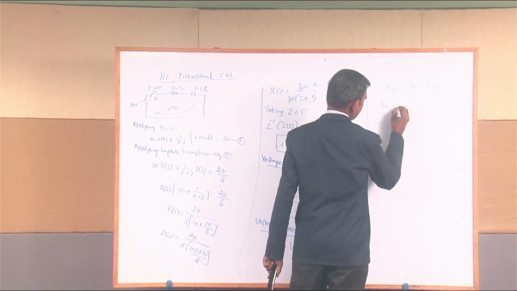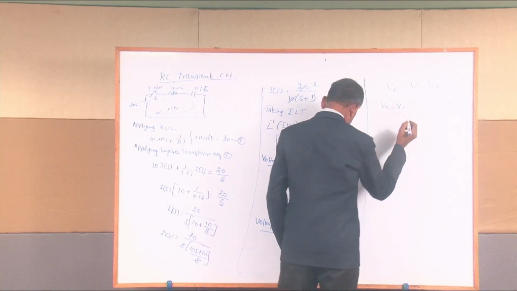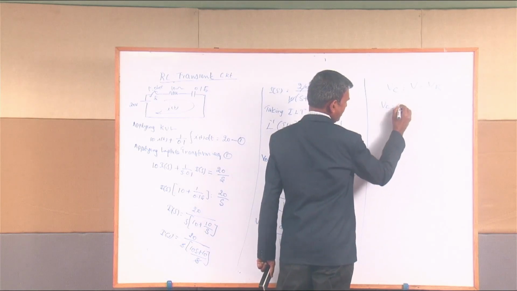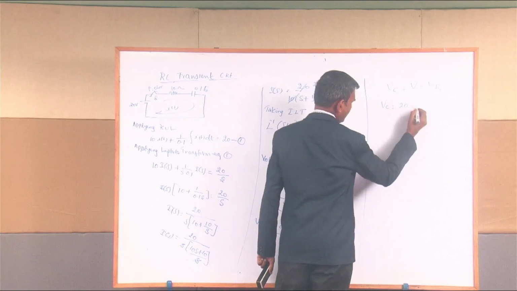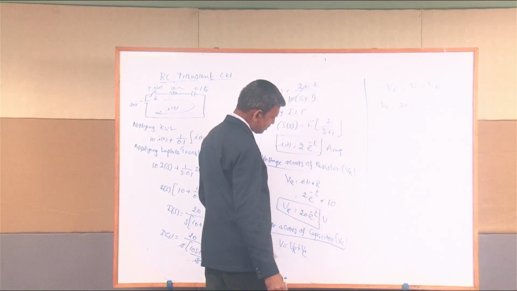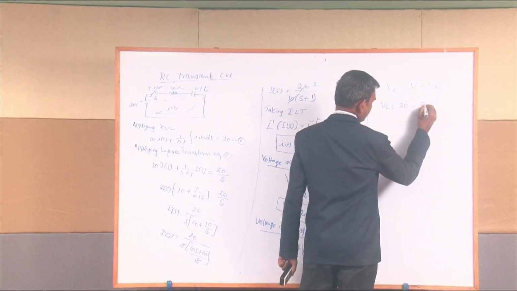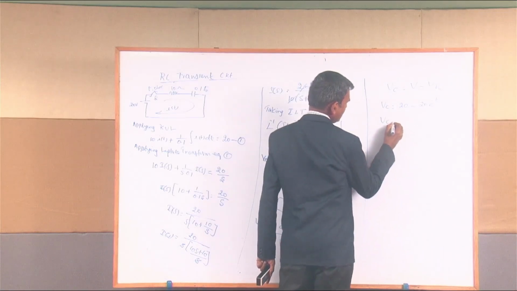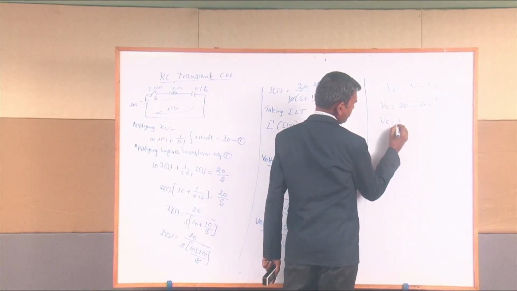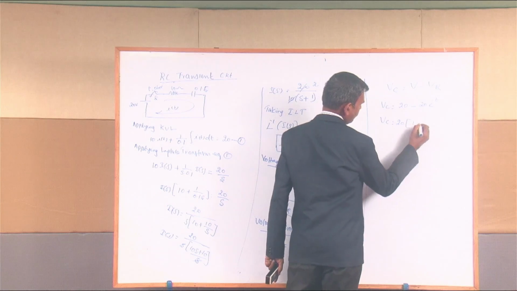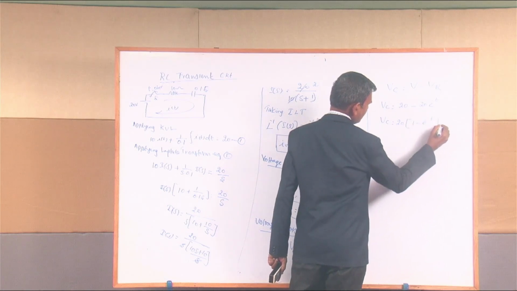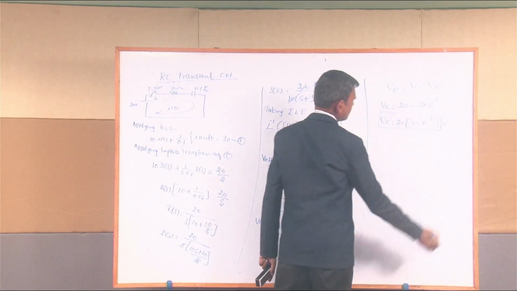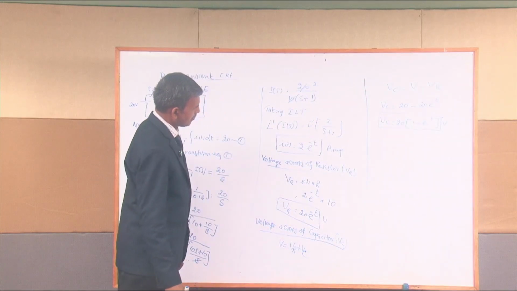In the problem, the applied voltage is 20, minus the voltage across the resistor, 20 into e to the power minus t. So Vc is equal to, 20 is common, we can take it outside, 1 minus e to the power minus t. This is the voltage across the capacitor.